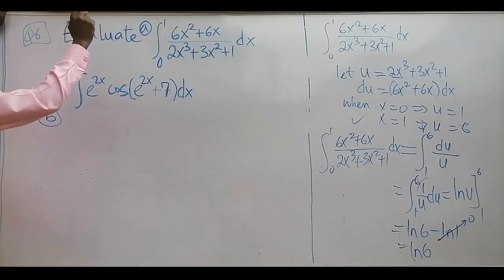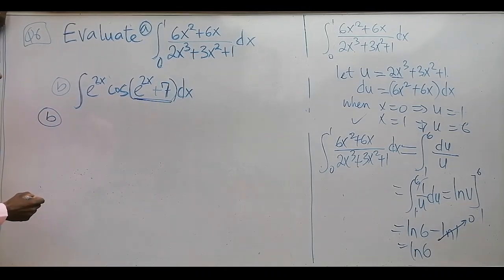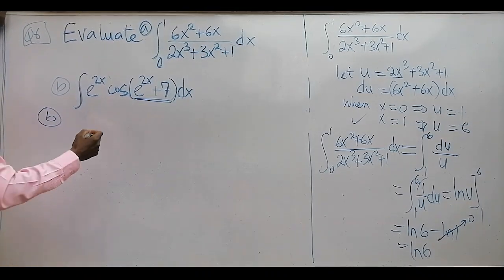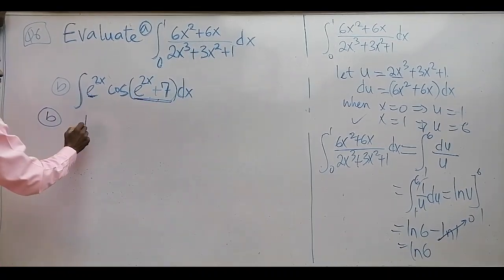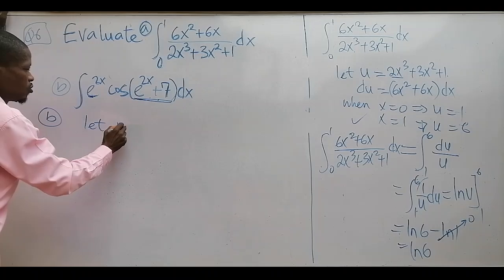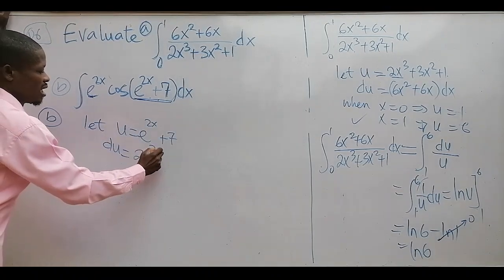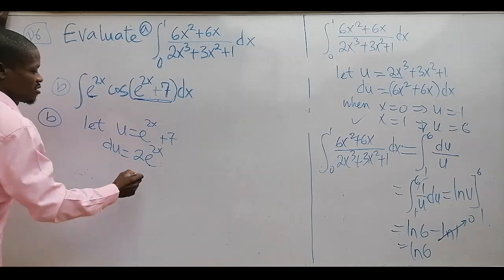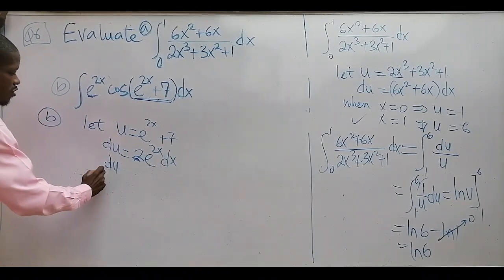We are going to substitute for the composite function, the inner function. And the moment you do that, it's going to have something similar to this. So let u be equal to e to power 2x plus 7. Then we can get du as 2 e to power 2x dx. So we can remove the 2 from here, and then we have du over 2.